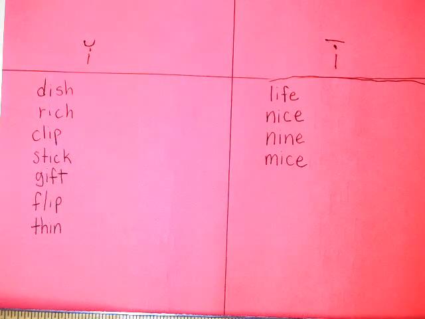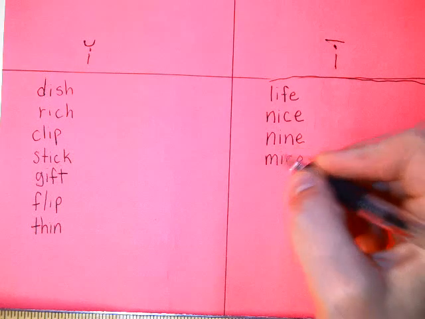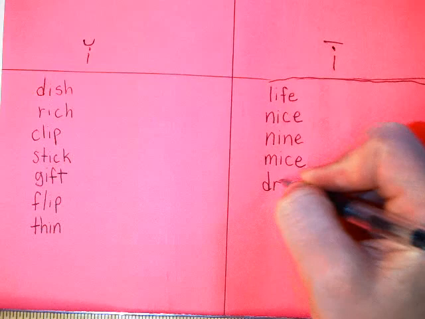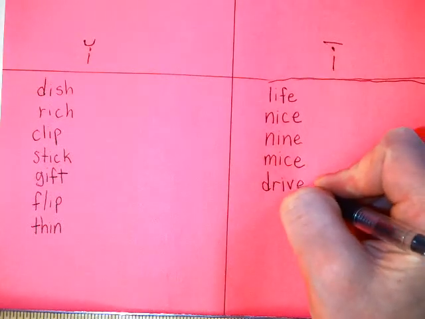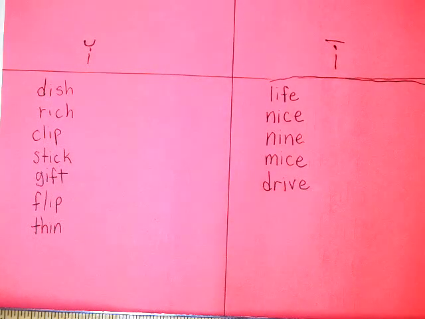Your next word is drive. Drive. If you hear short i in drive, put it over here. If you hear long i in drive, put it over here. Drive. Go right over here. Your next word is five.